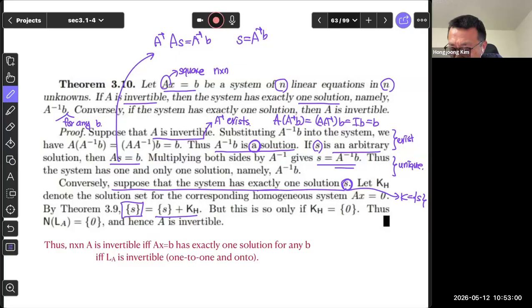That implies that K sub H will be the set of the zero vector. In other words, zero is the only solution to the homogeneous problem AX equals zero. Okay. Then we learned that A is invertible.